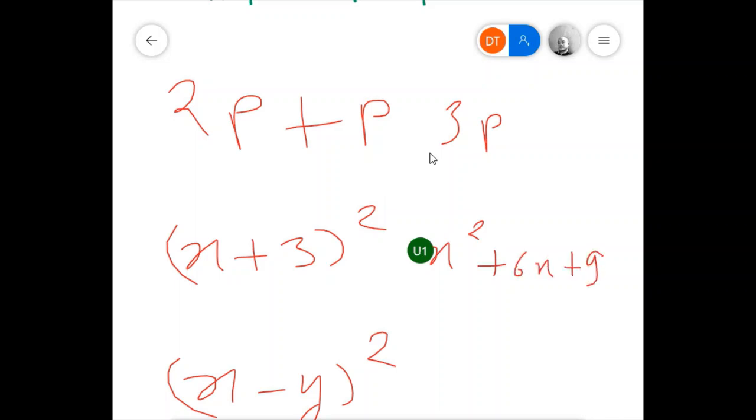How it becomes? Because a plus b whole square is equal to what? a square plus 2ab plus b square. So using the identity, we get x square plus 6x plus 9.